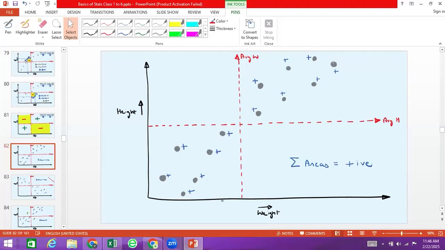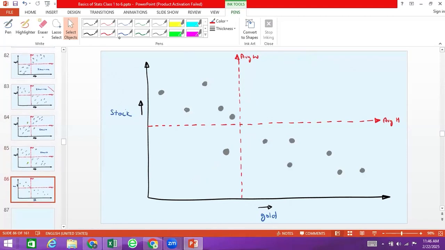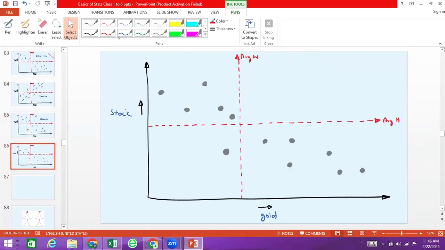If I decrease that variable, the other variable will also decrease. When the area is coming negative, my machine learning model by default knows that if one variable increases, the other variable will go down. If one variable decreases, the other variable will go up. Right? Which happens, for example, in the case of stock market and gold. So it is not for you. It is for the machine learning model.